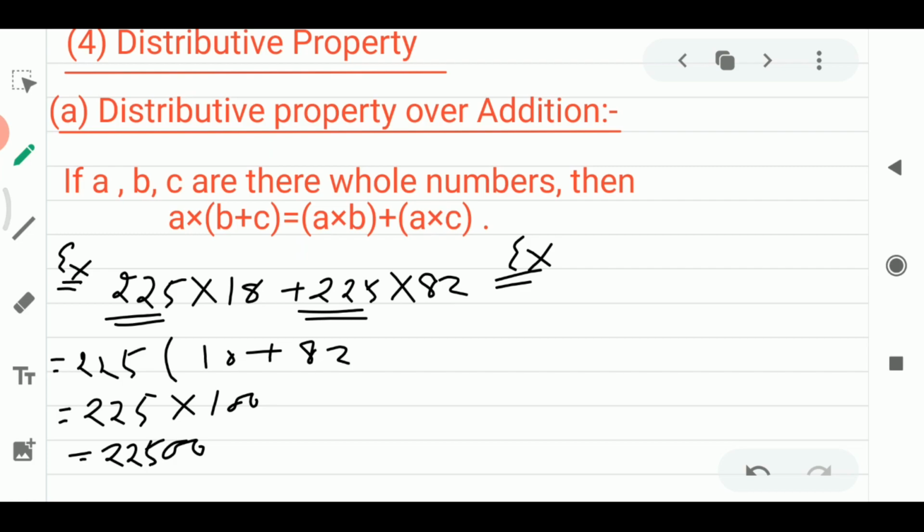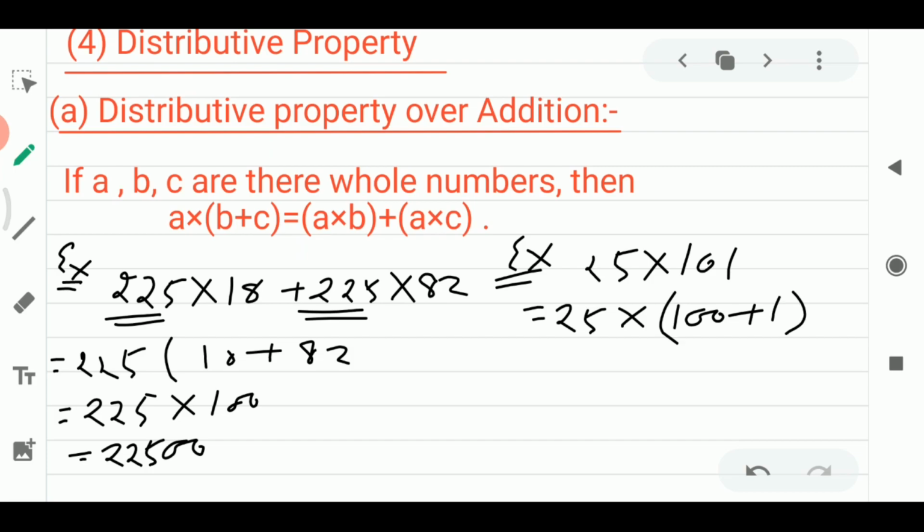Let's do one more example. Suppose by applying formula, solve this: 25 into 101 is equal to 25 as it is into 100. In case of 101, we will write it as 100 plus 1. Now this we can apply the formula, that is A into B plus C is equal to A into B plus A into C. Here A means 25, B is 100 and C is 1.